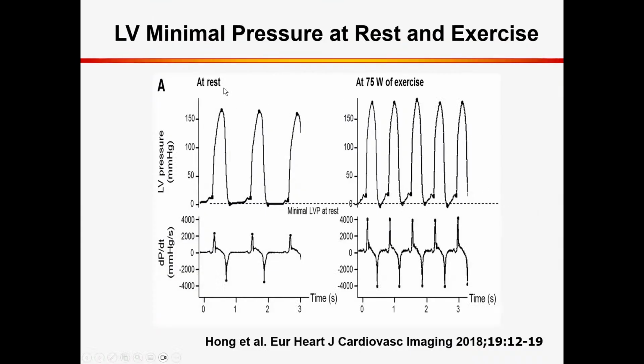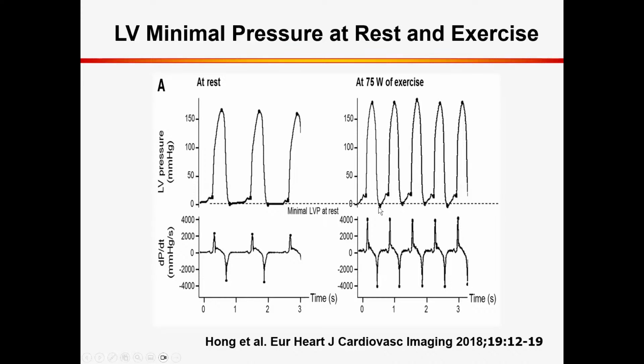That's an example from a patient at rest. Notice the minimal pressure is close to 0, and this shows us the negative dP/dt, which is an index of LV relaxation invasively. At 75 watts of exercise, expectedly ventricular pressure goes up because we're increasing the stroke volume.